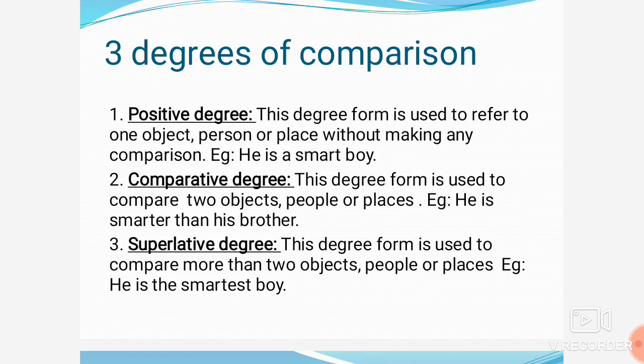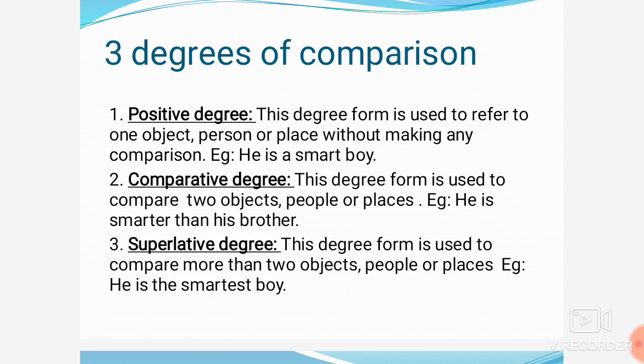Now you are comparing one person with the other. So we say he is smarter than his brother. The adjective smart from positive degree is changed to comparative degree and it becomes smarter.